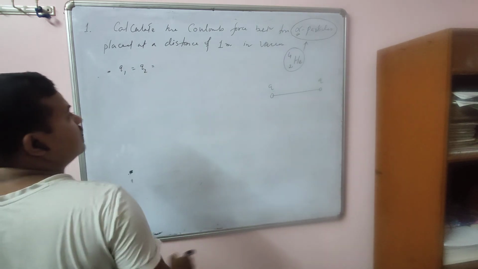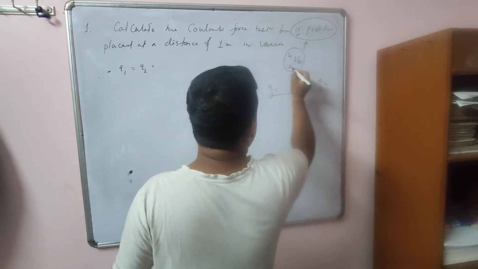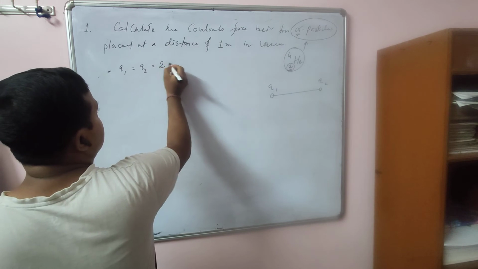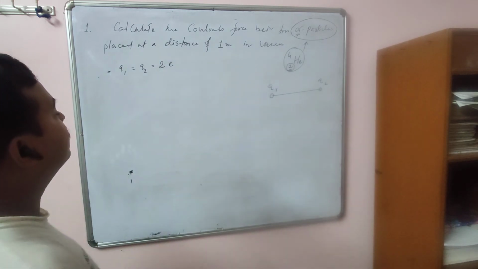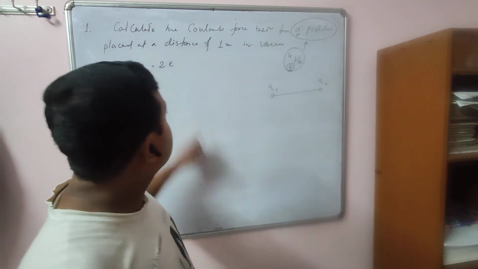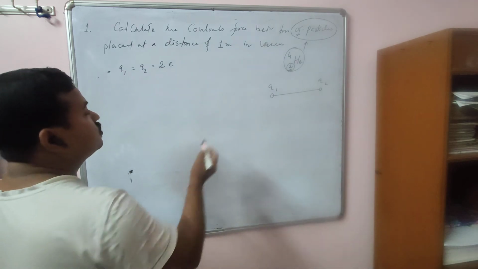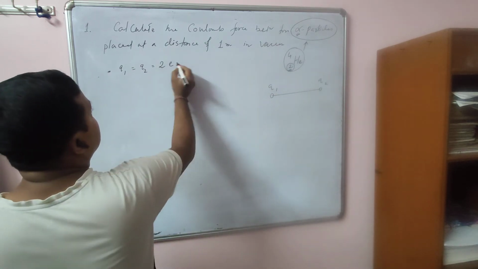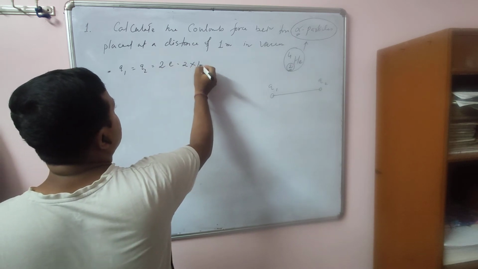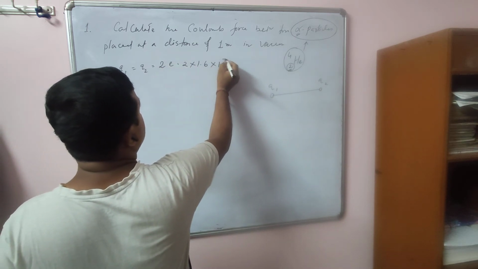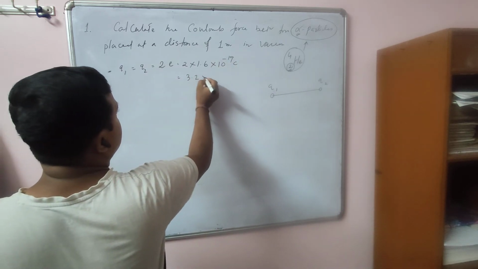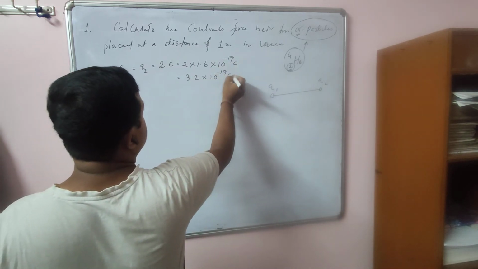The charge number of helium is 2, and the basic charge is e, because the helium nucleus has 2 protons, so it is 2e. Nucleus means there are no electrons. So it is 2 into 1.6 into 10 to the power minus 19 coulomb. So this is 3.2 into 10 to the power minus 19 coulomb.